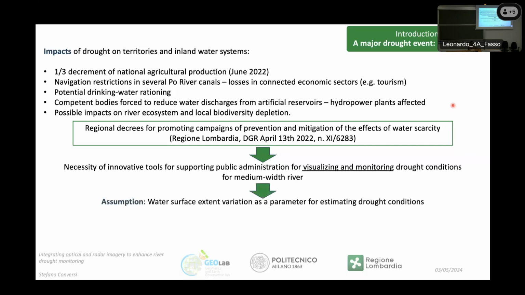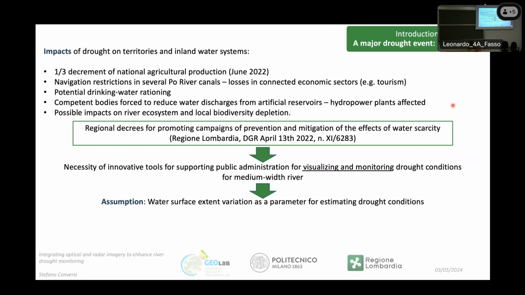So what we did was, first of all, to accept this kind of proposal, this kind of job from them, and we had a big assumption for our project: the estimate, as a parameter for drought condition, of water surface extent variation.